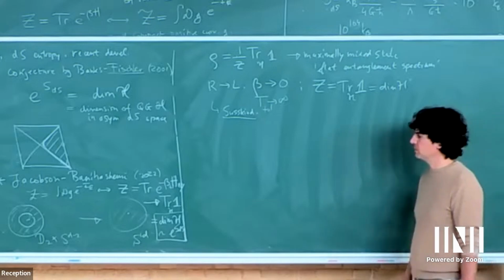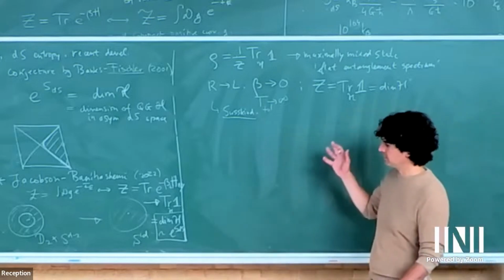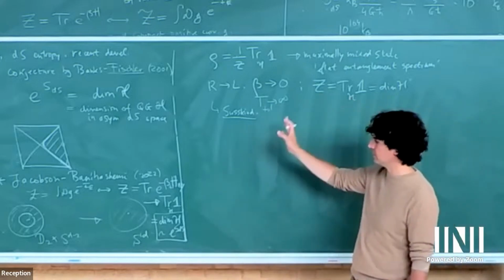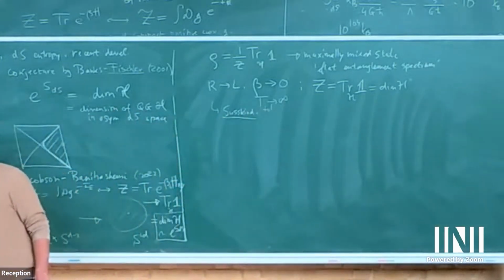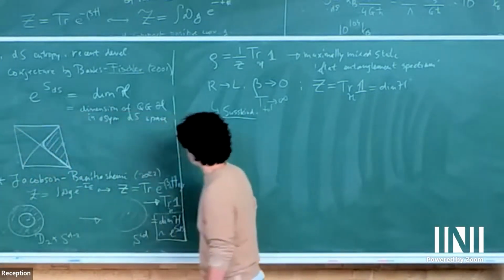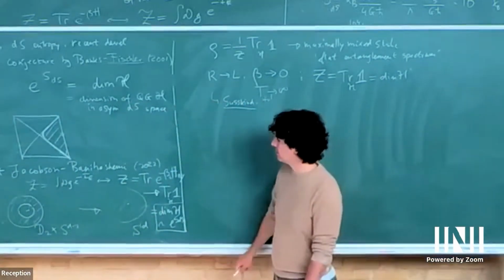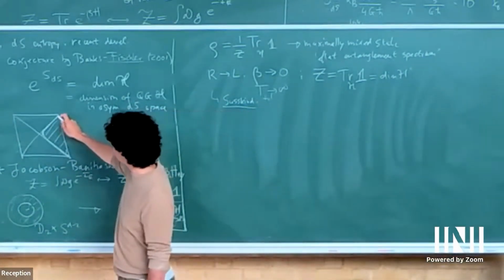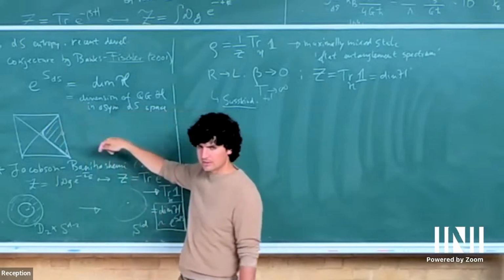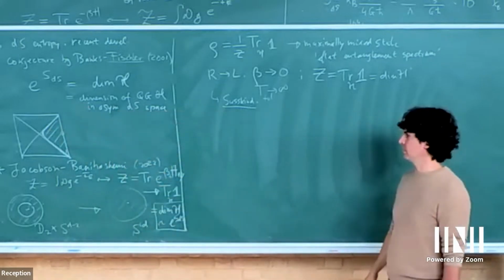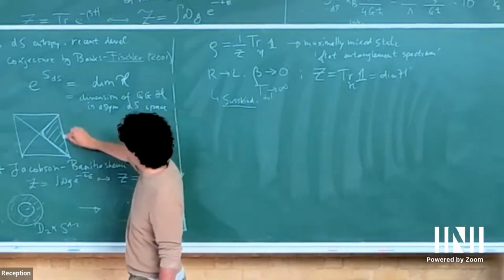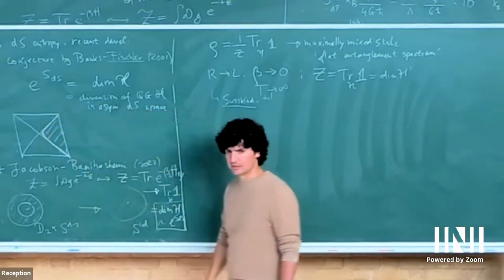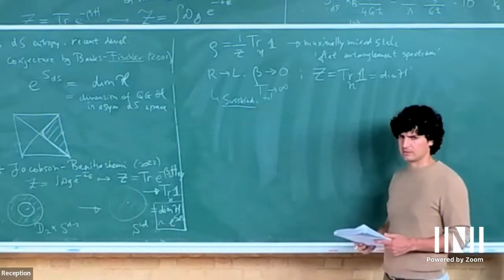I would say that both are bulk calculations, but in the end, the holographic dual should live at a boundary. So whether it is here or there, that is kind of the difference.